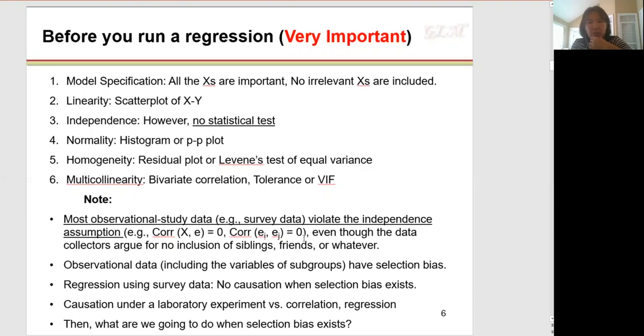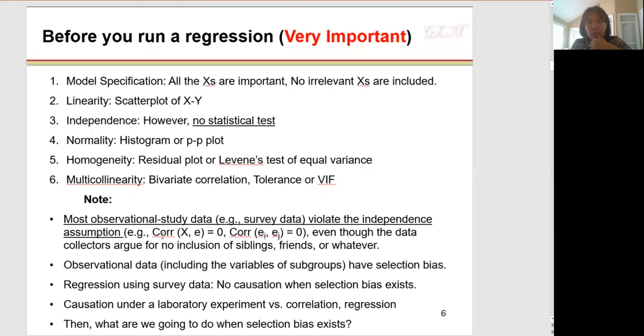So this is independent, like no correlation among residuals. We might have this satisfied if your data is really collected randomly. But your data cannot avoid this situation.